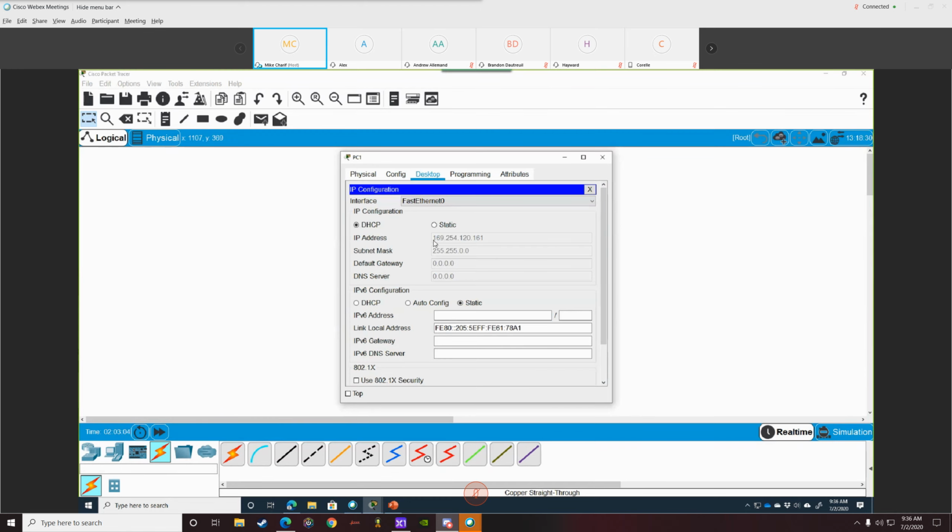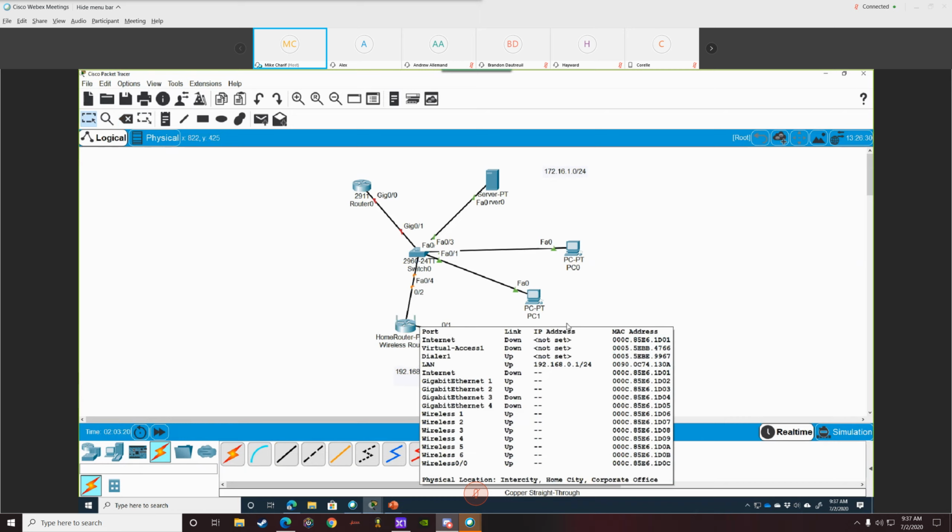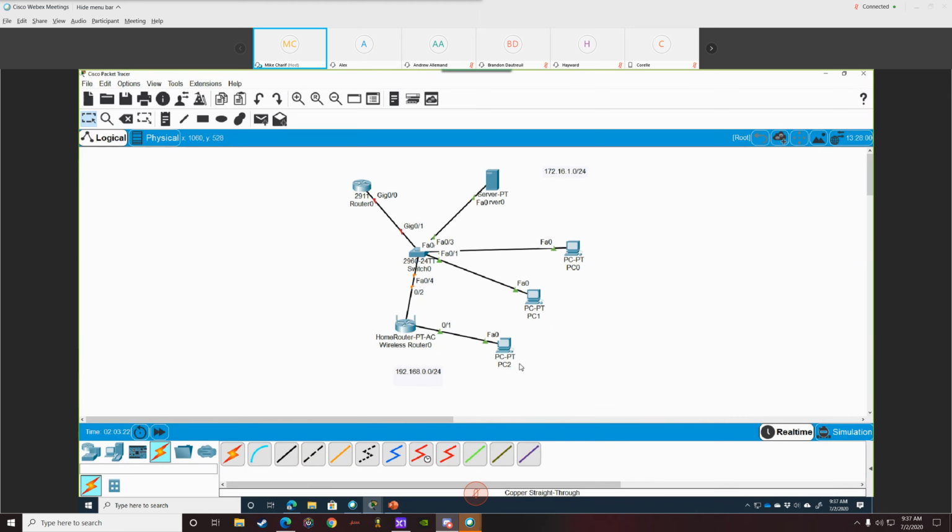So what we're going to do instead, we need to connect it to the LAN, which is connected this way. Okay.